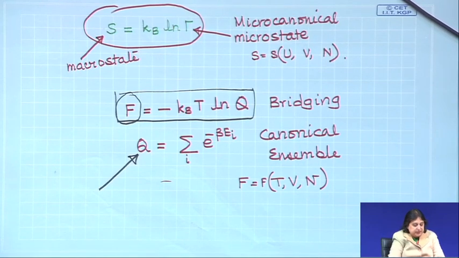So, side by side, just like starting from the hypothesis of Boltzmann in the microcanonical ensemble, it can be shown in the canonical ensemble that the bridging relationship gives you a connection between the Helmholtz free energy and the canonical partition function.